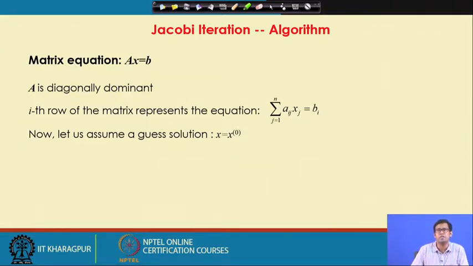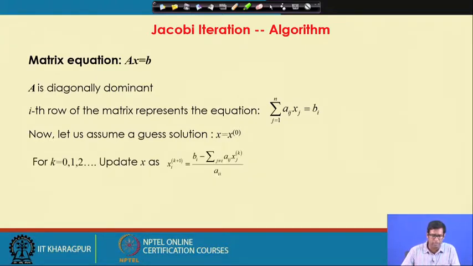Now, let us assume a guess solution x is equal to x0, with different values for the different elements of the vector x. We start with a guess solution, and for the levels of k, which are the iteration levels, k is equal to 0, 1, 2, we update x as xi(k+1) is equal to bi minus the sum of Aij xj(k), where j is not equal to i.